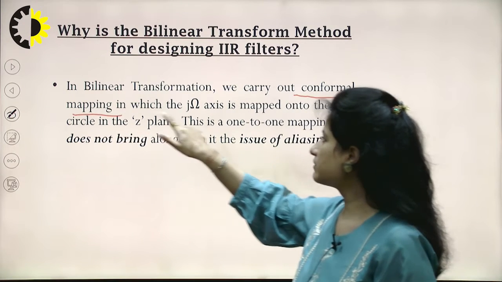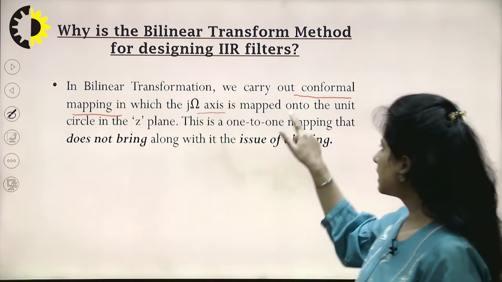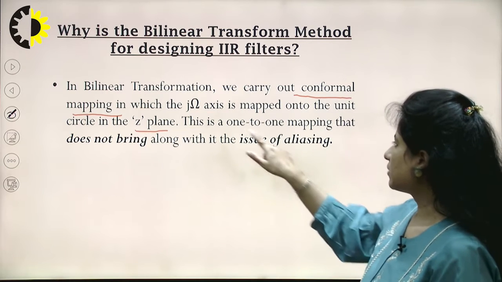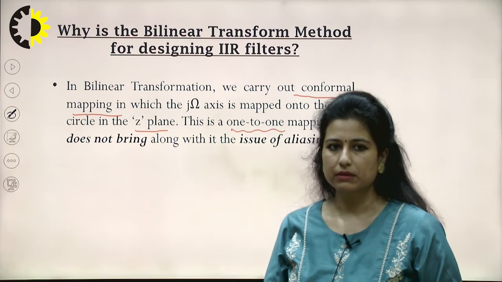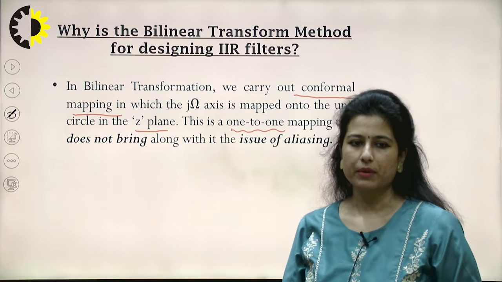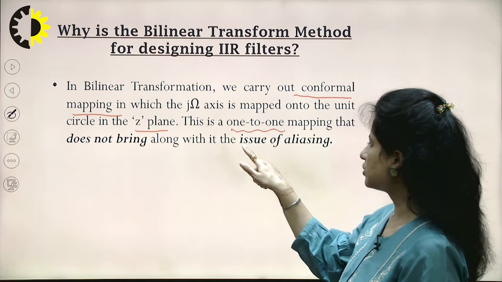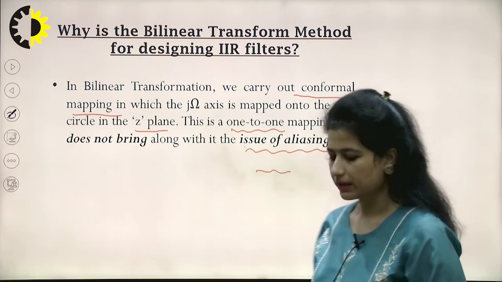And as soon as we move from the analog domain, being represented by omega, it has to be mapped into the Z domain. Here whatever mapping we are performing would be 1-to-1, as compared to the mapping in the case of impulse invariant transformation, where the mapping was many-to-one. And that was the reason for the issue called aliasing in the impulse invariant transformation.